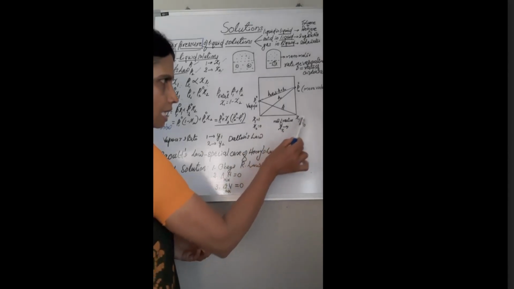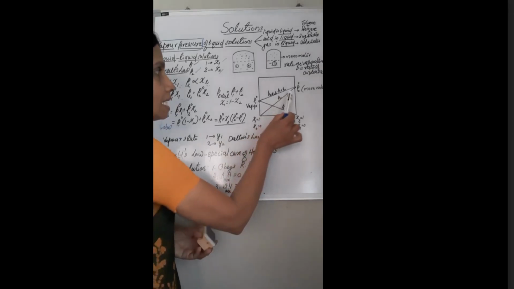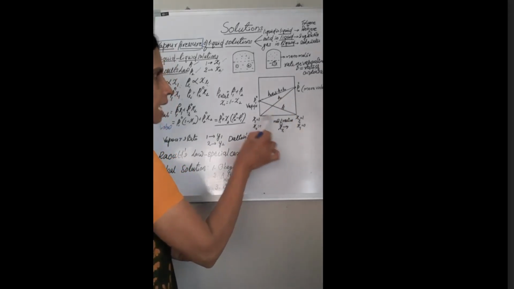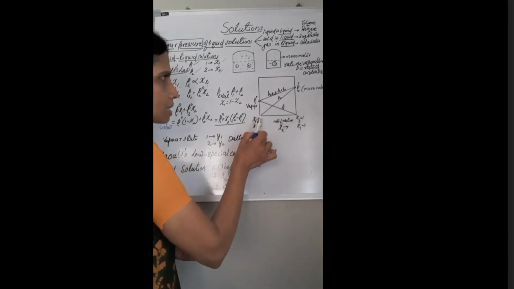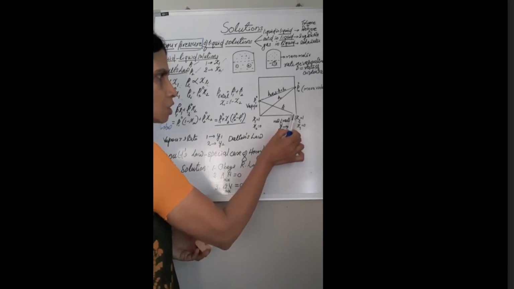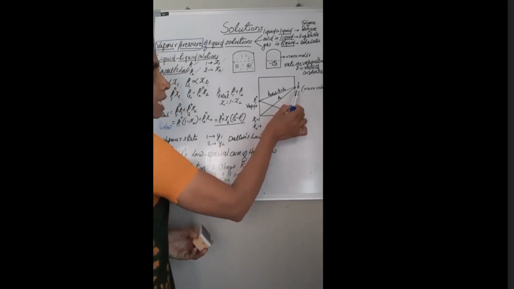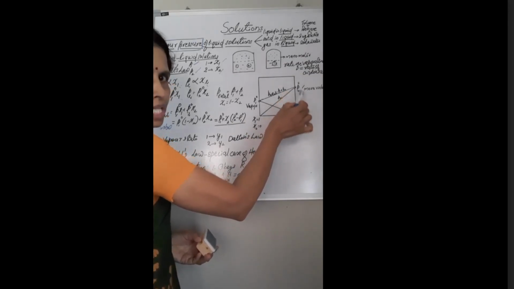As it increases and reaches the maximum value x2 equals 1, its vapor pressure varies linearly with its mole fraction, and hence we get a straight line passing through the origin. And this is P2⁰ when component 2 alone is present, mole fraction is 1, and therefore this P2⁰ is the vapor pressure of pure component 2.